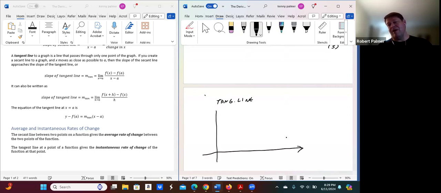Let's do a similar graph. Let's do some kind of parabola shape just for simplicity. So let's say this is my point here, this is my f of x right here. This is my x and my f of x.